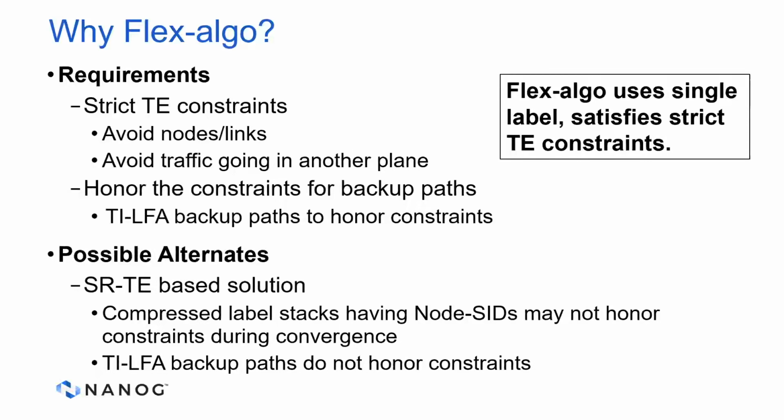The possible alternative for this kind of requirement is SRTE in segment routing. What SRTE would do is apply the constraint and come up with the path. As we know, the path computed in SRTE consists of a stack of labels. So if there are 10 hops and you use adjacency SIDs, you will have 10 labels that you stack, and then use that label stack to traverse this explicit path.